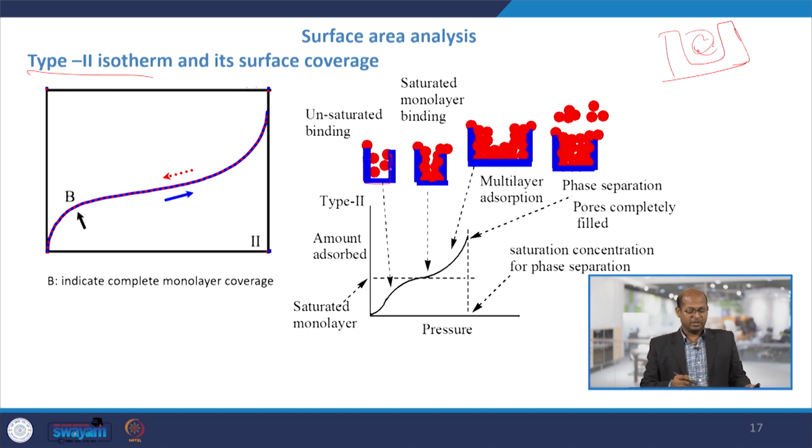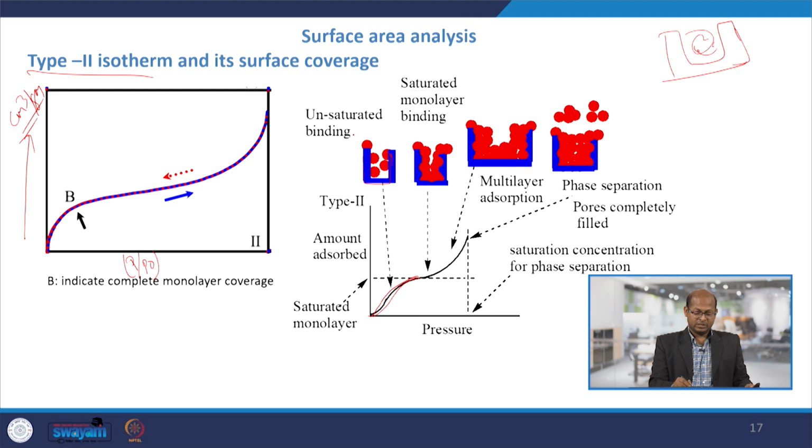Pore is available, so this is the relative pressure, P by P naught, and this is the volume of molecules adsorbed in terms of centimeter cube nitrogen per gram. From here we have started. If we gradually increase, from here to here we go.